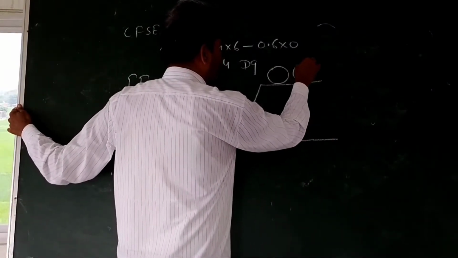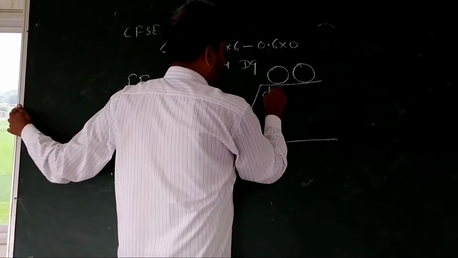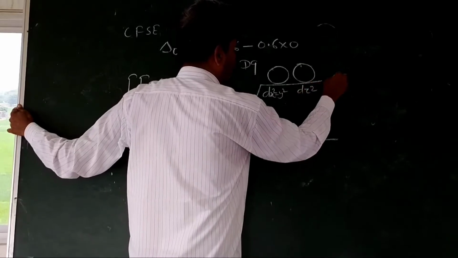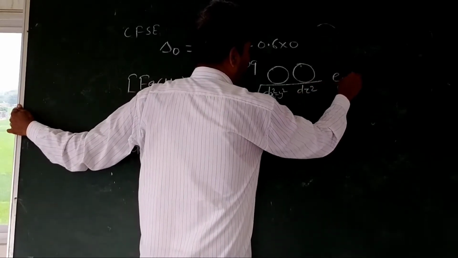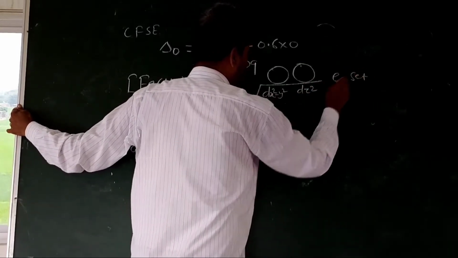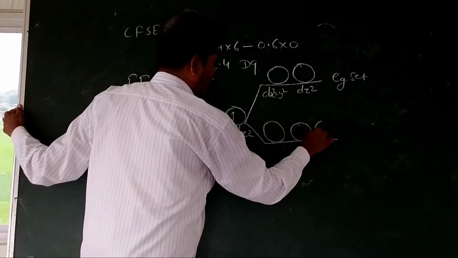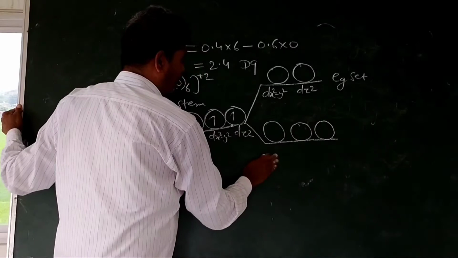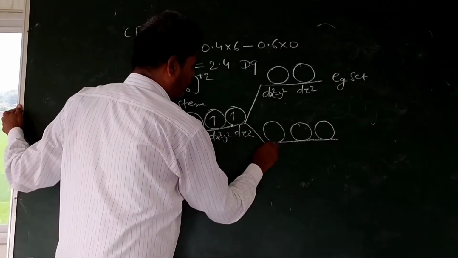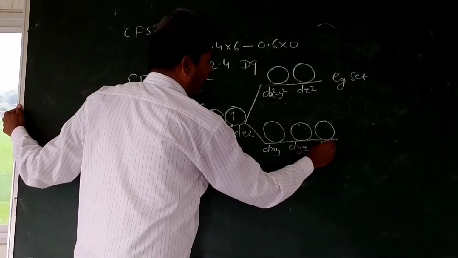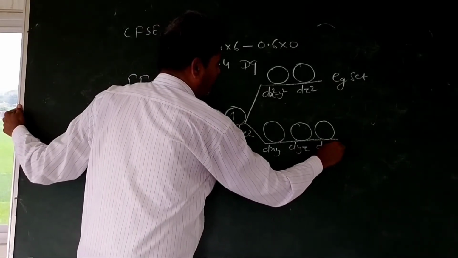The axial orbitals, dx square minus y square and dz square, gain the upper energy level, the EG set, and the non-axial orbitals will gain the lower energy level, that is the T2G set.